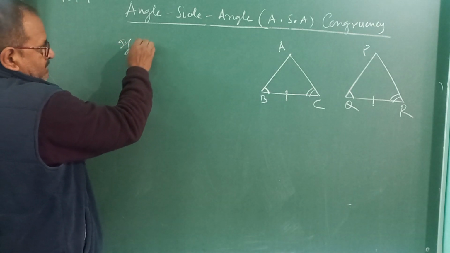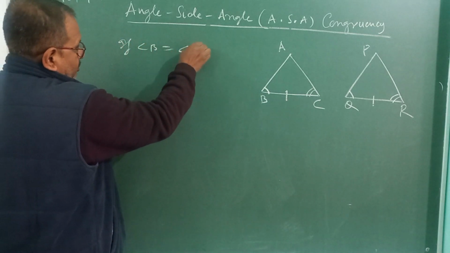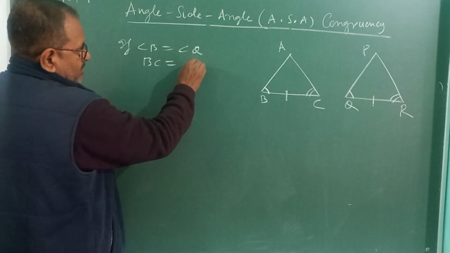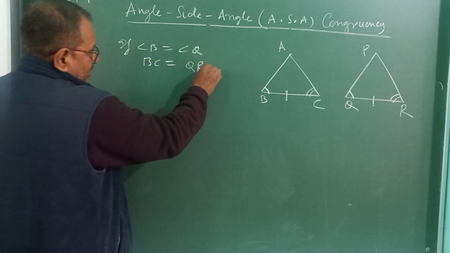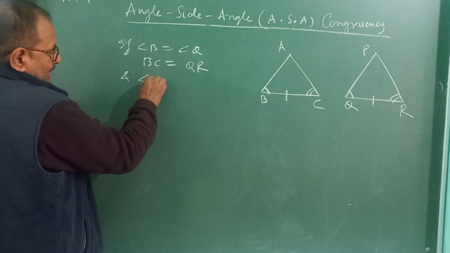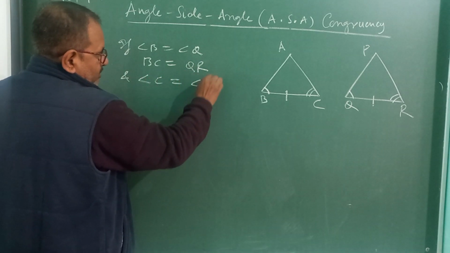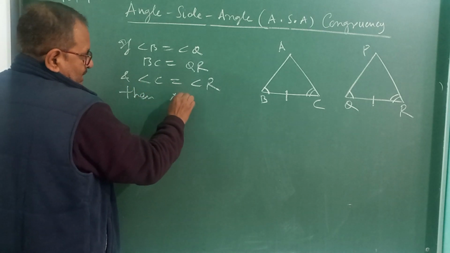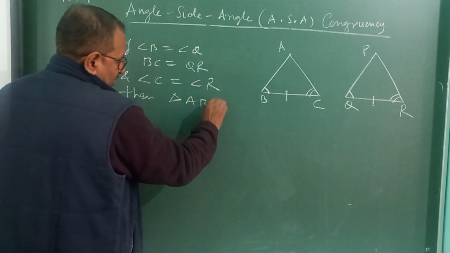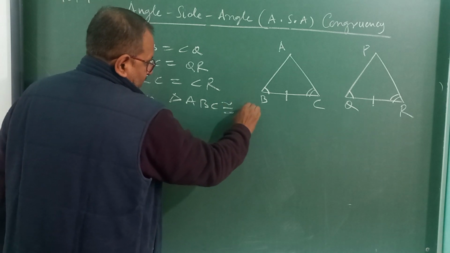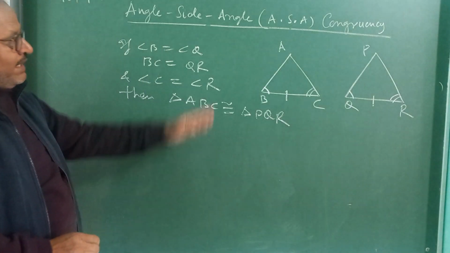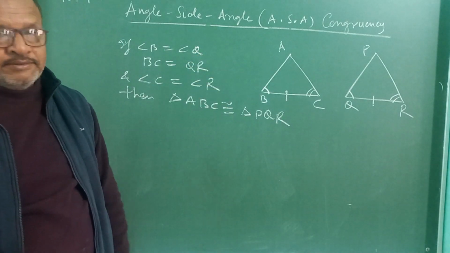So if angle B is equal to angle Q, side BC is equal to QR, and angle C is equal to angle R, then triangle ABC is congruent to triangle PQR by angle side angle congruency.